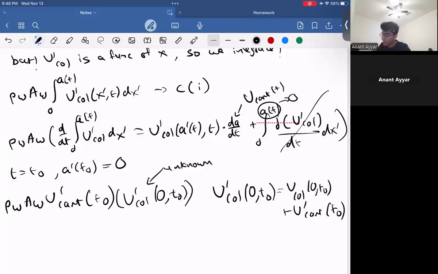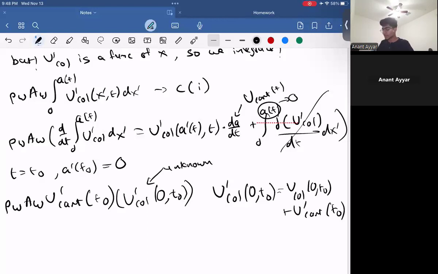We'll get this as a function of v prime cart at t naught, which is something we've been using throughout the question. And then we have this column in the moving reference frame.